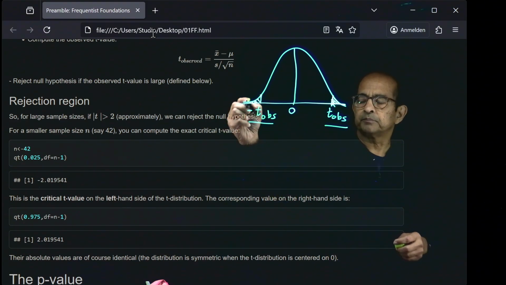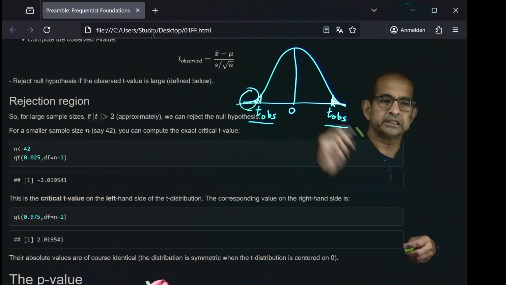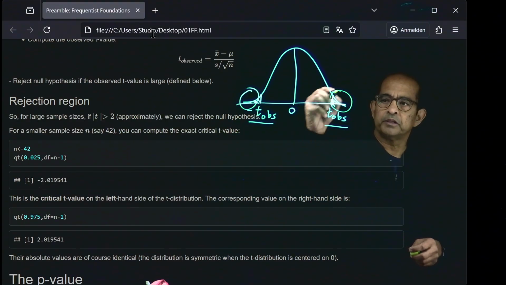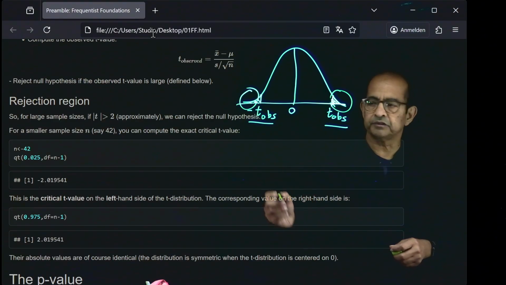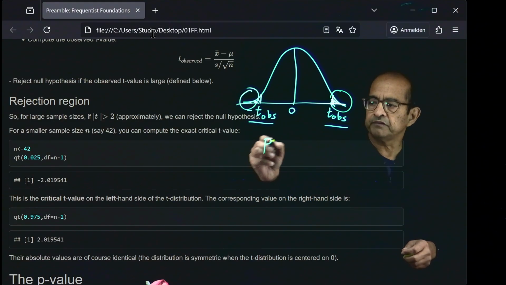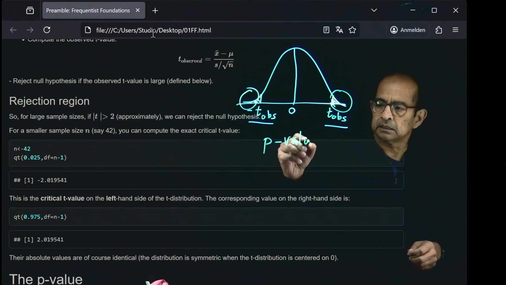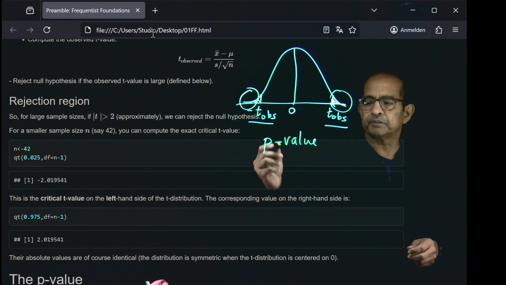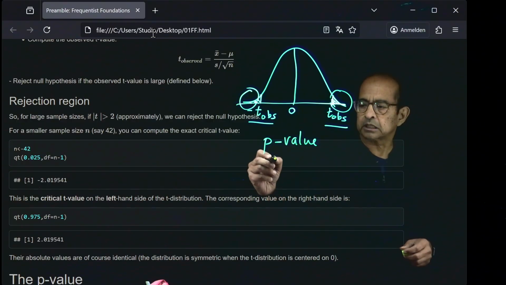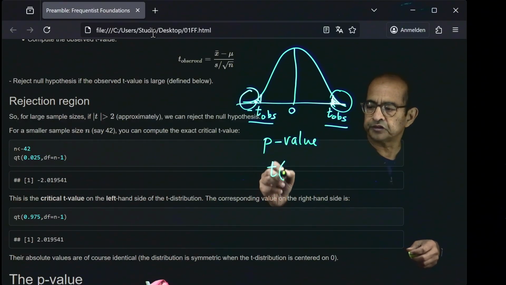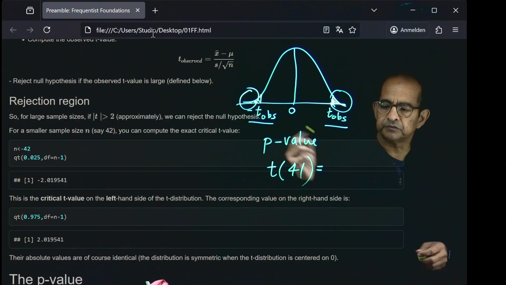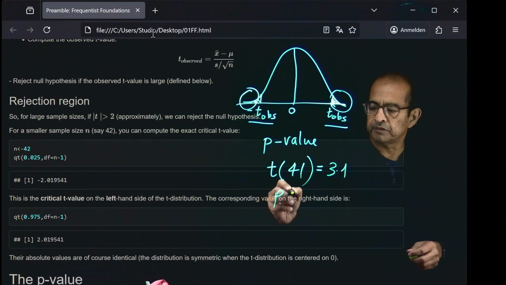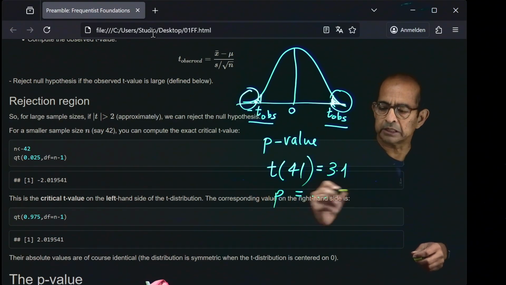And if we sum up the probability represented by the area under the curve here with the probability under the area under the curve here, this would constitute the p-value, and we would then report, for example, in the example I'm working with where I have degrees of freedom 41, I would report something like my observed t-value is 3.1 with some p-value equal to whatever it turns out to be.